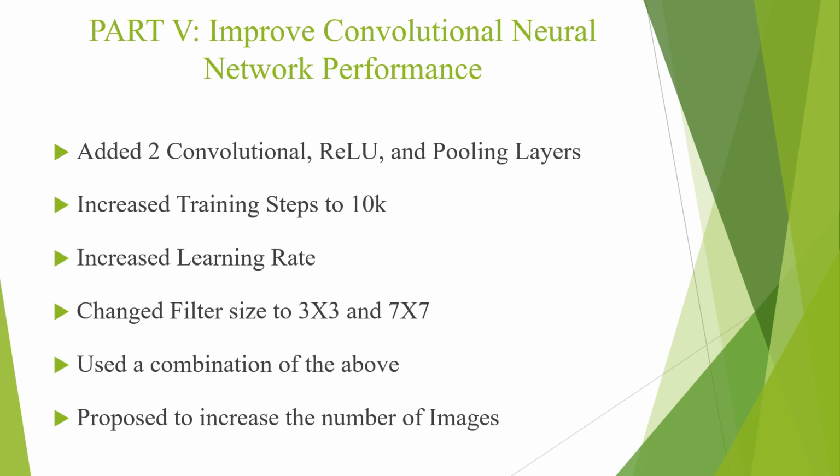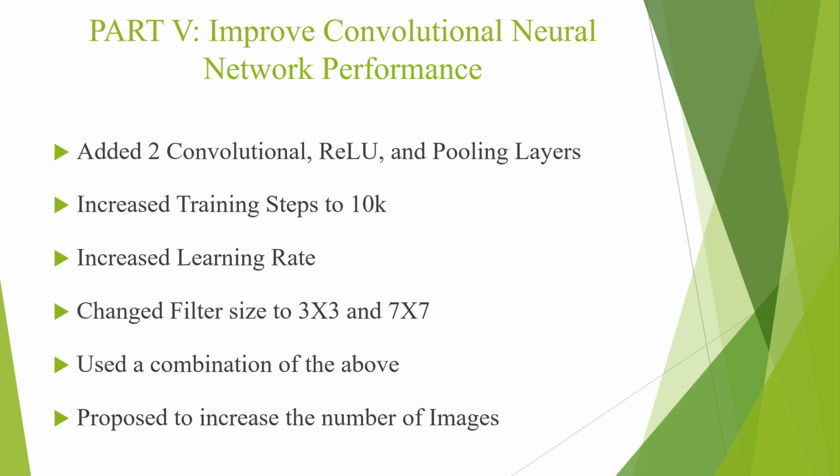So, improving the convolutional network performance, as I talked about, we added two convolutional layers with the ReLU, as well as pooling layers. We increased the training steps from 5,000 to 10,000, which really increased the processing time, and so we had to abort that.